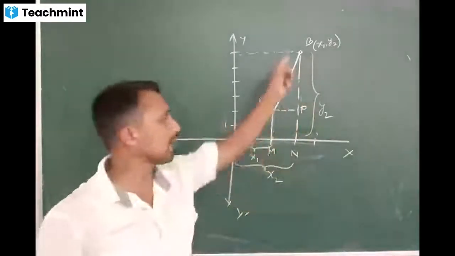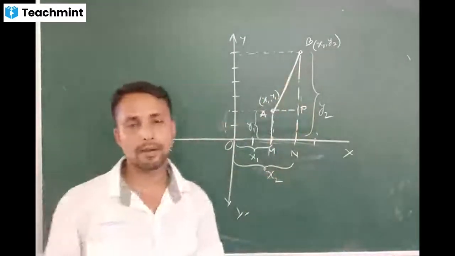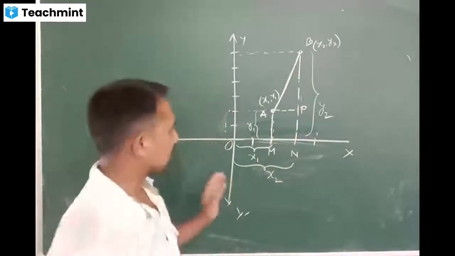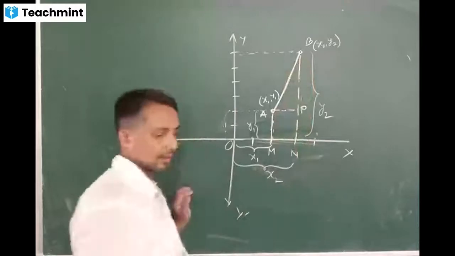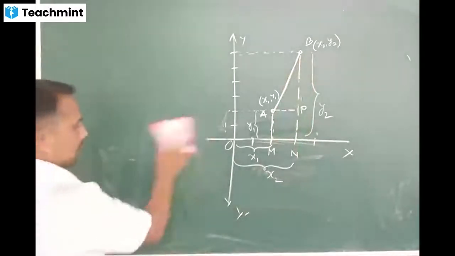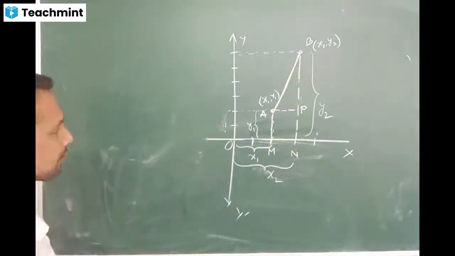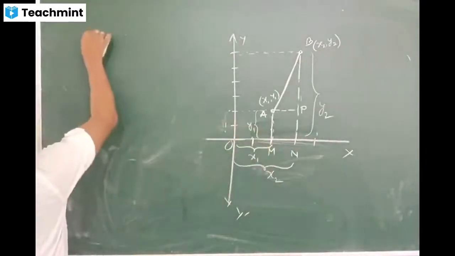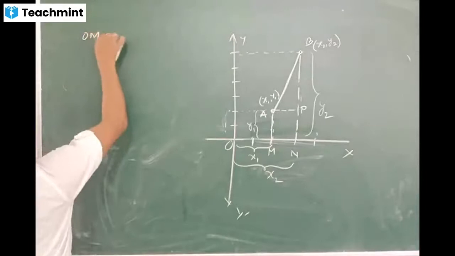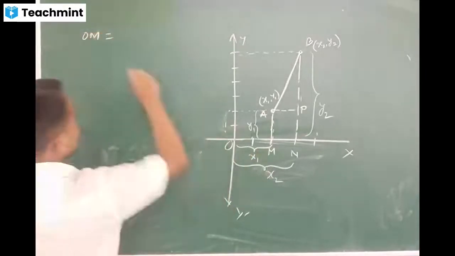That is, the length AB. To get this, we need to know these lengths. OM length is x1.